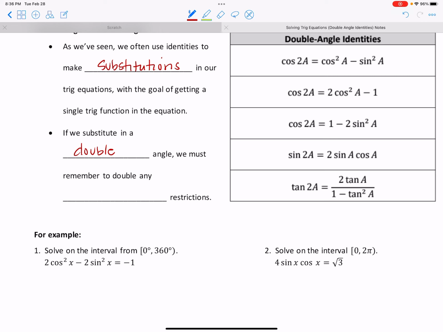If we have a double angle, we have to remember to double any domain restriction that is attached to our problem. Now, if we don't have a domain restriction, then we don't have to worry about that piece. But basically, it's going to combine using identities and solving when we have a double angle. And I put those into our notes here so we don't have to go fishing around to too many reference sheets. So let's jump right into number 1.